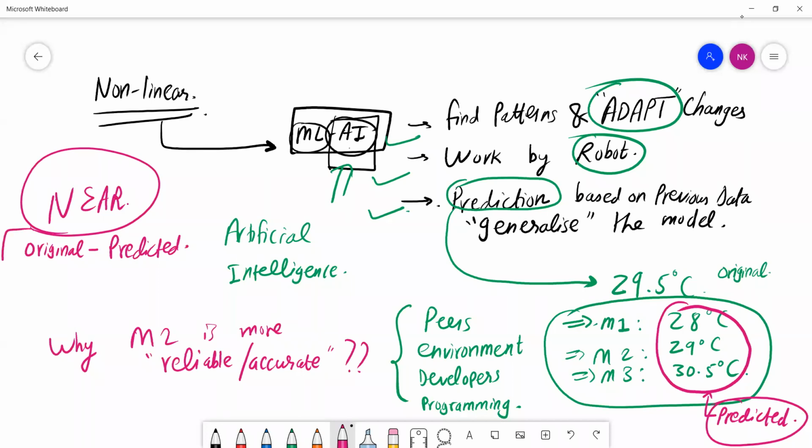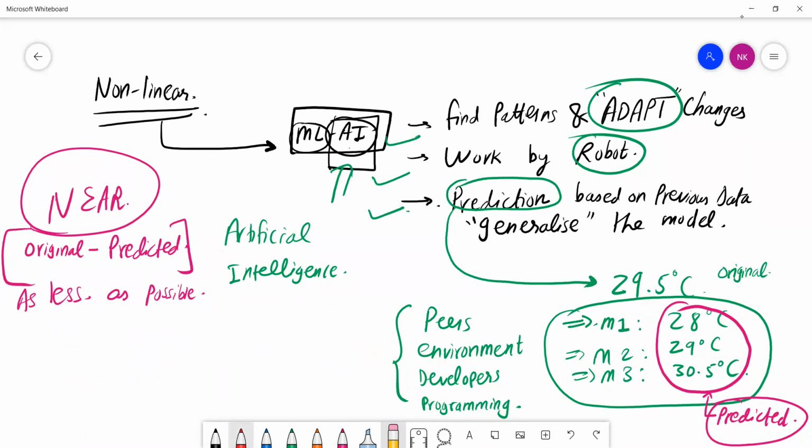Now if I'm writing this particular thing, original minus predicted, then I want this particular difference to be as low as possible. I want this difference to be as small as possible.